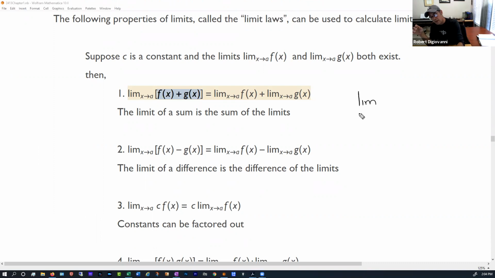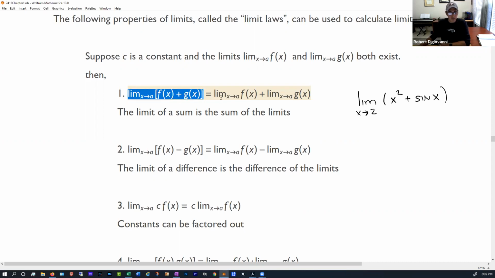If I'm taking the limit as x approaches 2 of, let's say, the function x squared plus some other function like sine x, I can look at x squared by itself and sine x by itself, figure out the answers for each one of those, and then add those two answers together. So it allows me to break the limit up into two limits. See how that works? The limit of a sum turns out to be the sum of the two limits. That is a law, you're allowed to use it.